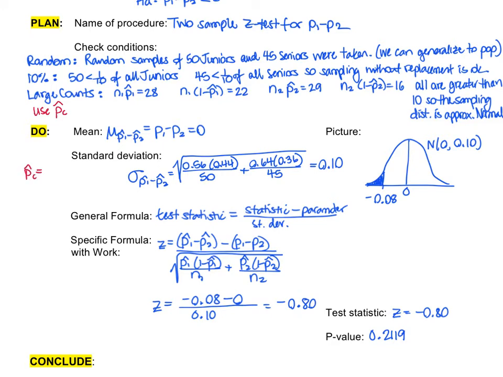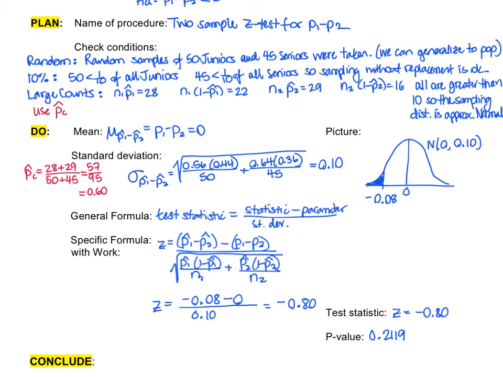If juniors and seniors behave exactly the same way and we need a combined proportion, then what we're going to do is add the number that are planning on attending prom of both the juniors and the seniors, and divide by the sample size for each of them so that we can come up with a combined proportion, 57 over 95, which gives us a p sub c hat of 0.60.